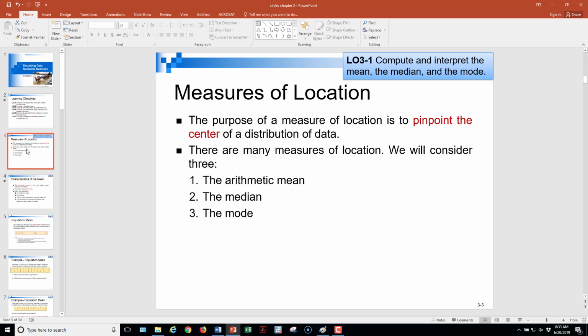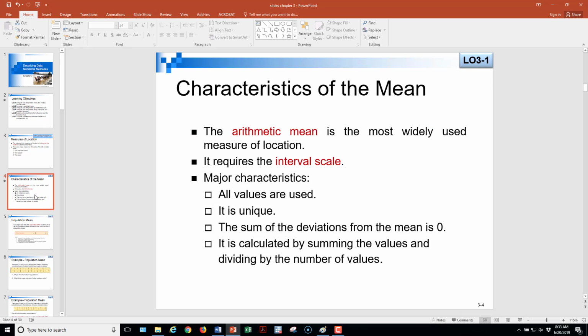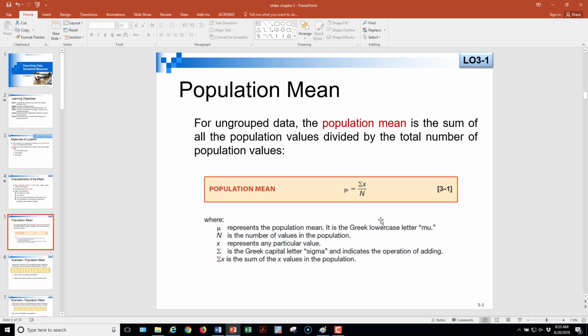The mean, the median, and the mode are called measures of location. The purpose of the measure of location is to pinpoint the center of a distribution of data. The mean is just the summation of the numbers in a data set divided by the number of numbers.